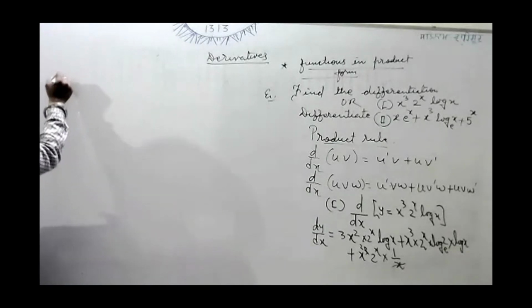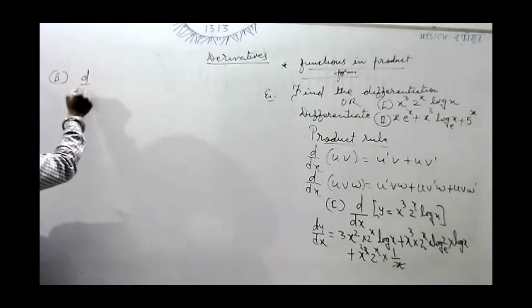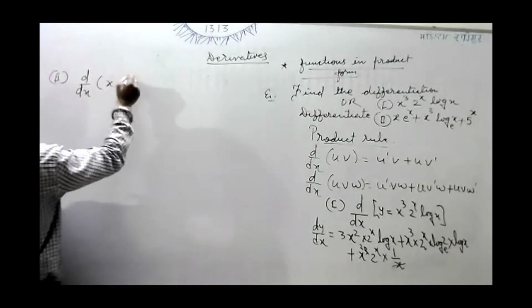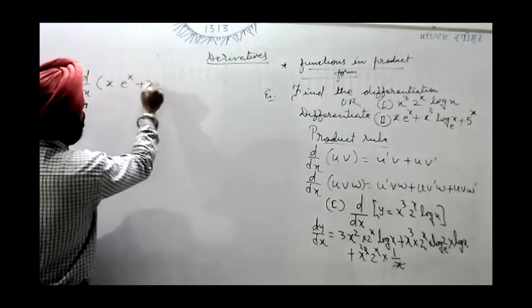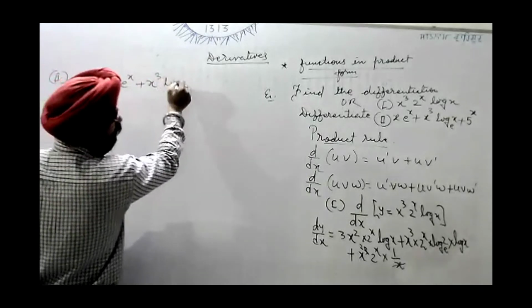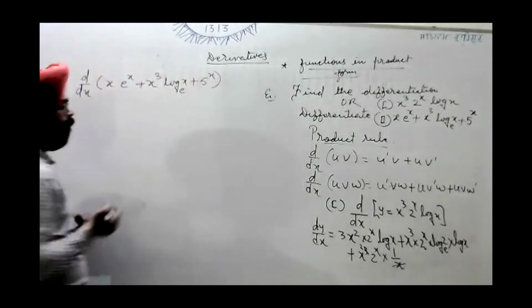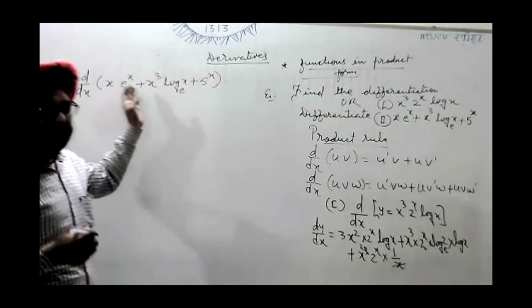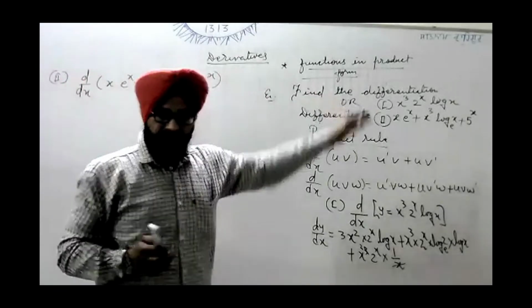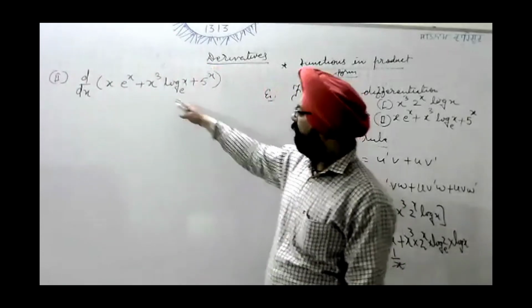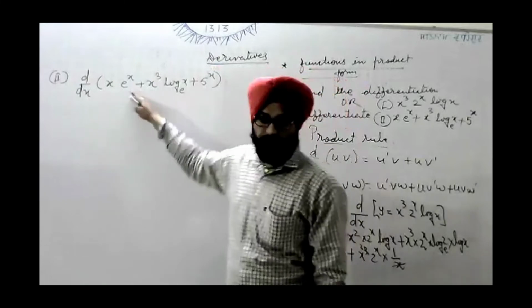In the second question, we need to differentiate d by dx of x e to the power x plus x cube log x base e plus 5 to the power x. Here you can make a separate category if you want. This is two or more forms together, the expanded form and the product form also.